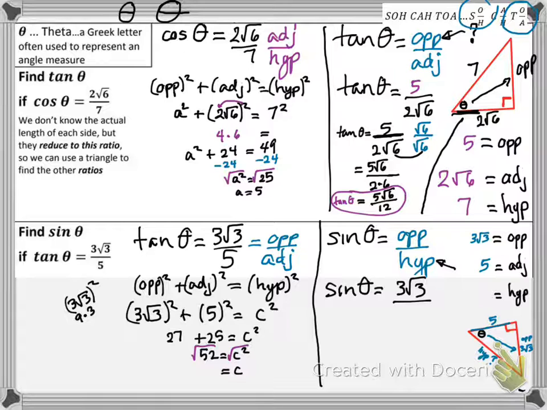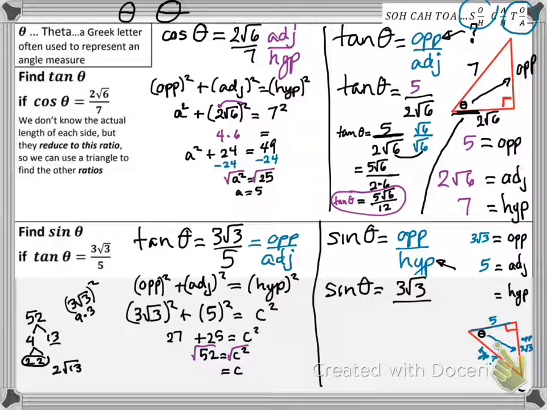I need to split up my 52. I'm going to come over to the left, split up my 52. What goes into 52? I know cards well enough to know that there are 52 cards in a deck, and a deck of cards has 4 suits, each with 13 cards. 4 splits to 2 times 2, so I get a pair of 2s and a leftover 13.